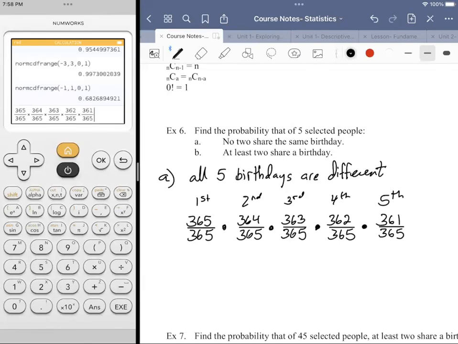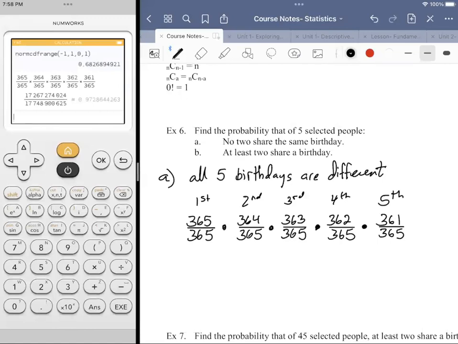So it's straight computation. Hit enter, execute, or okay, and it'll give us a monstrosity of a fraction, but it'll also convert it over to decimal form.